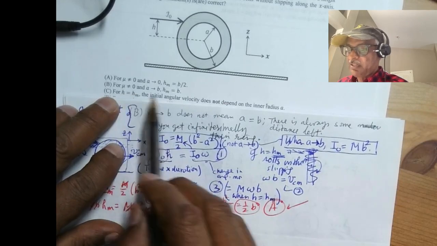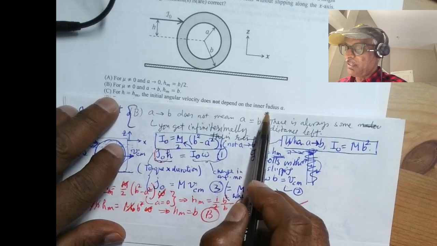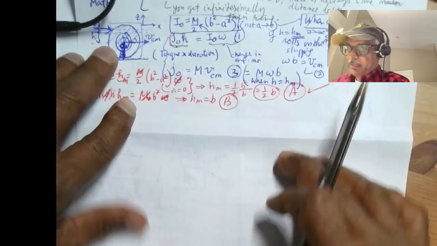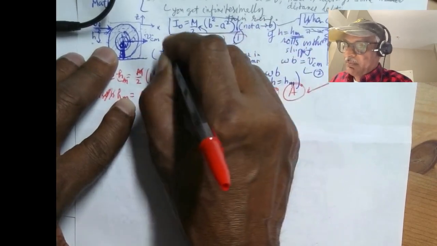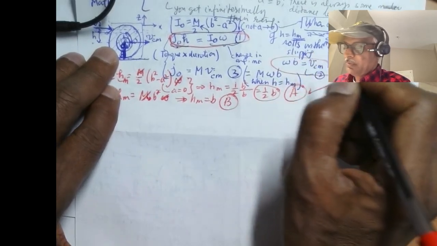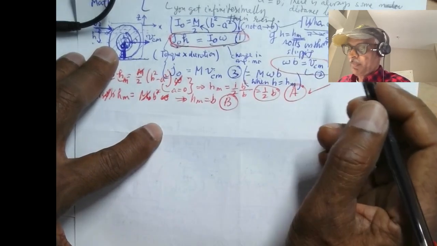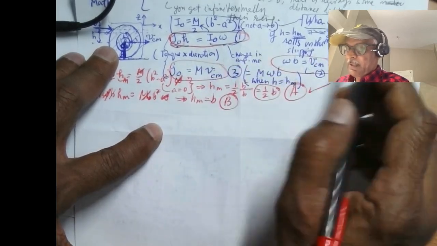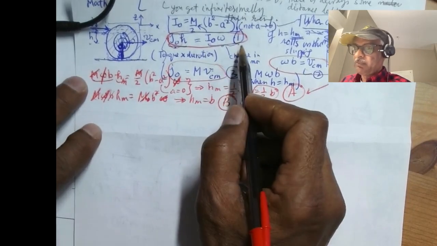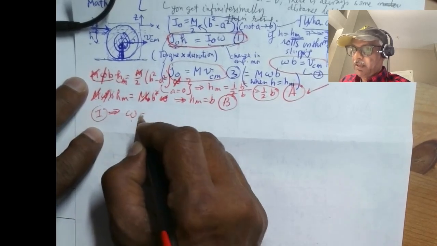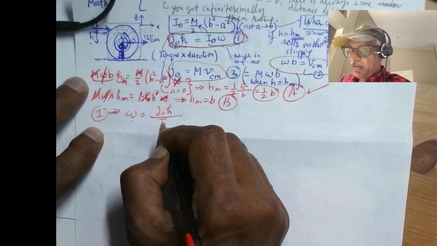For h equals hm, the initial angular velocity does not depend on the inner radius A. That's not quite true. So we have equation 1 and 2 and 3. Let's look at equation 1 itself. The initial omega is J0 h over I0.